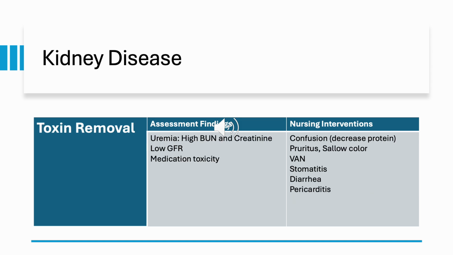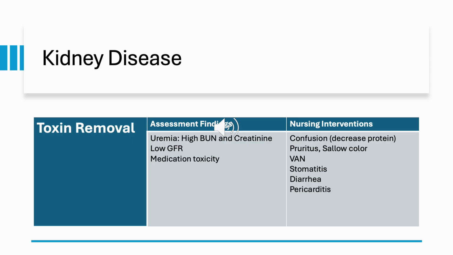T stands for toxin removal. So our kidneys help us get rid of urea and creatinine in our body. It helps us get rid of medication, right? They're eliminated by the kidneys. So people that have kidney disease are going to have high BUN and creatinines, which is going to cause uremia, which causes confusion.